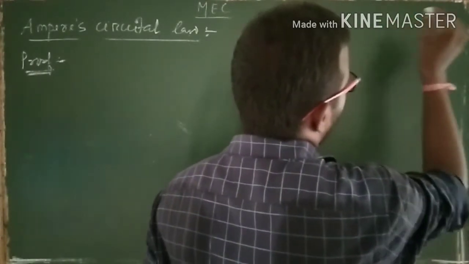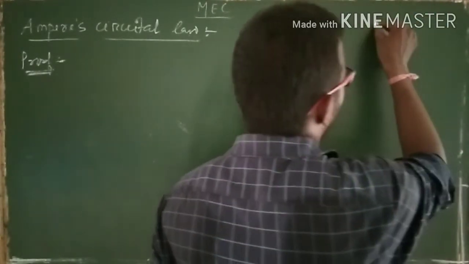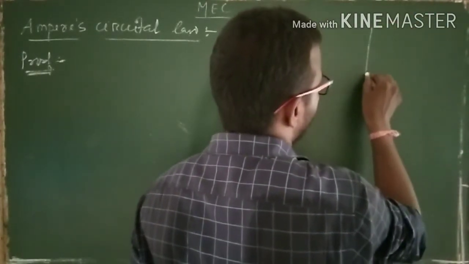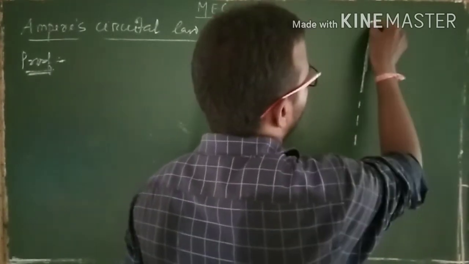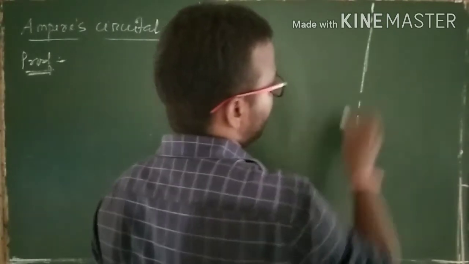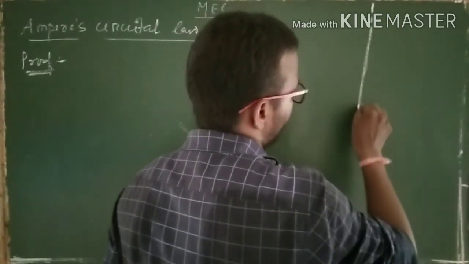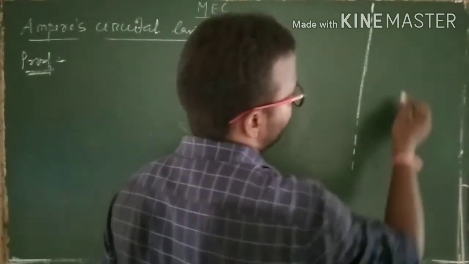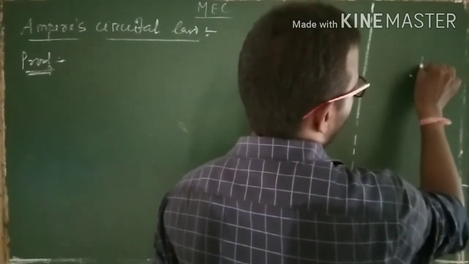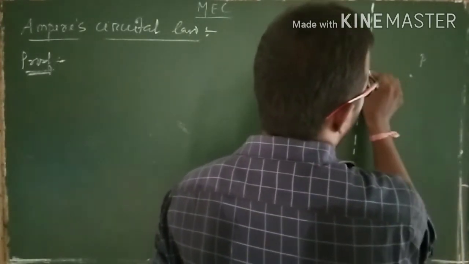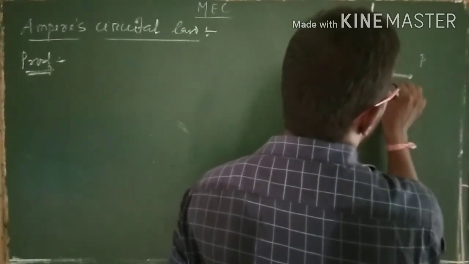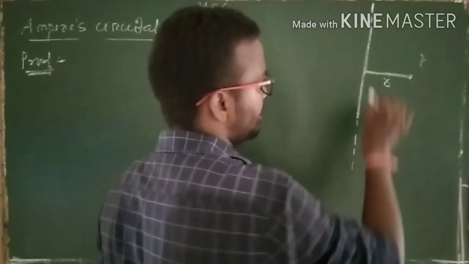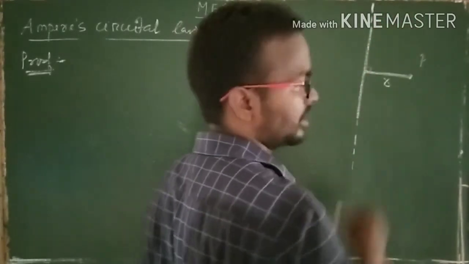Suppose we have an infinite long straight conductor. Clear? And this point is P, at a distance r. Suppose this distance is r, the perpendicular distance from the infinite conductor.